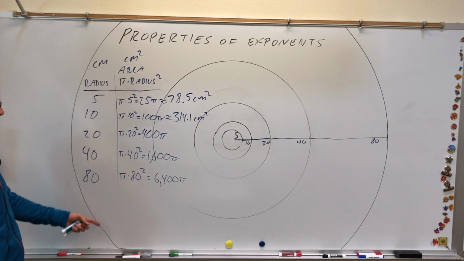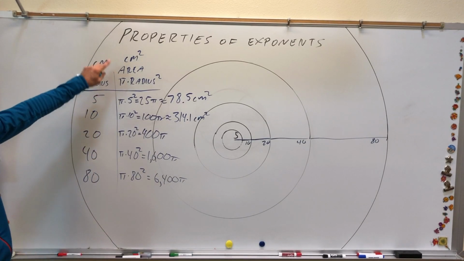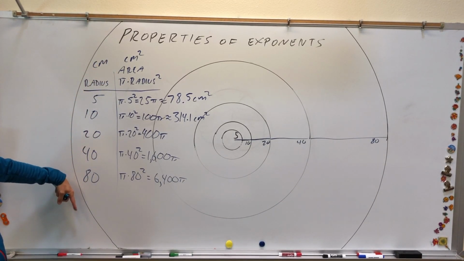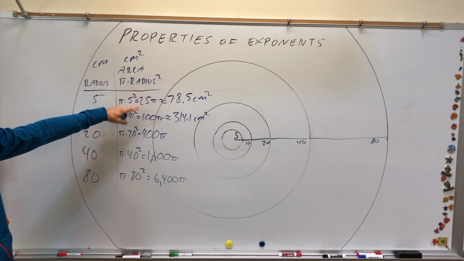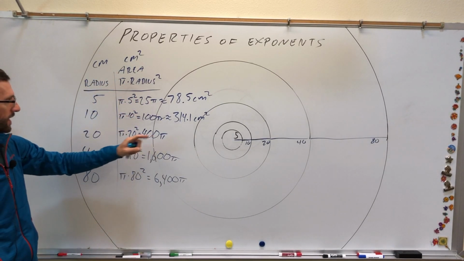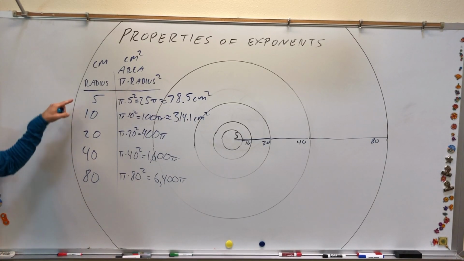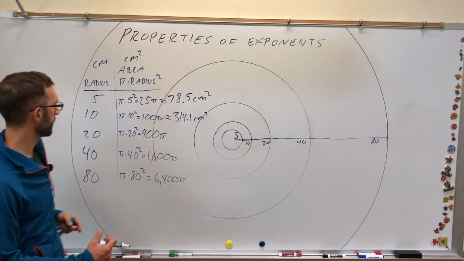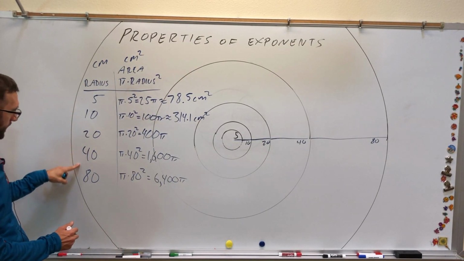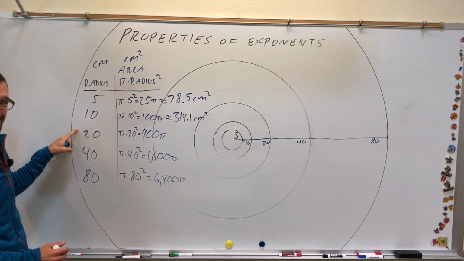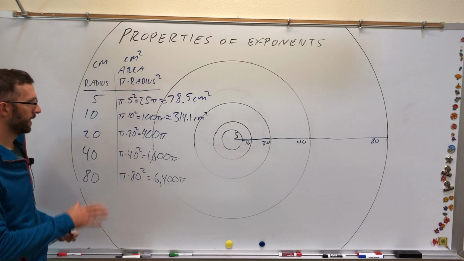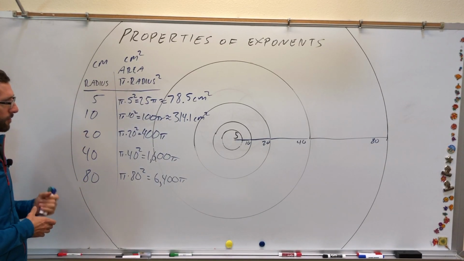So there's our radius of these given concentric circles and their approximate or exact areas. But we're looking at properties of exponents, so we're going to look at this stuff here. I'm actually going to erase some of this.